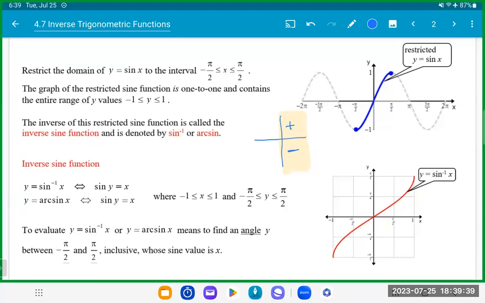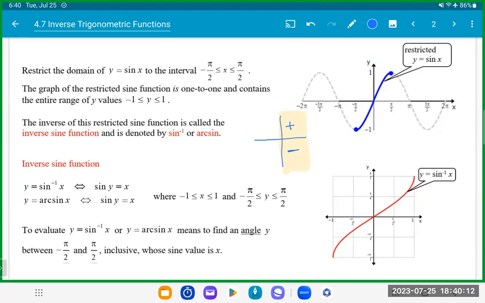I point this out because if you put something in your calculator, you could get the wrong answer if you don't understand these inverses and you're relying on the calculator to do it for you. Calculators don't take into consideration that there are two potential places for an answer, but when you're dealing with an inverse, it can only be one of them.